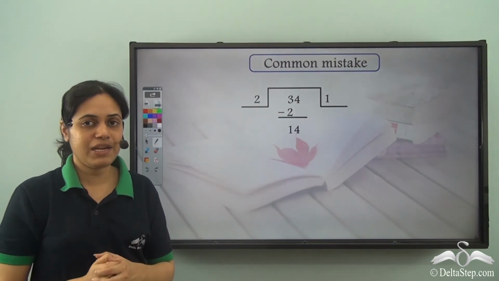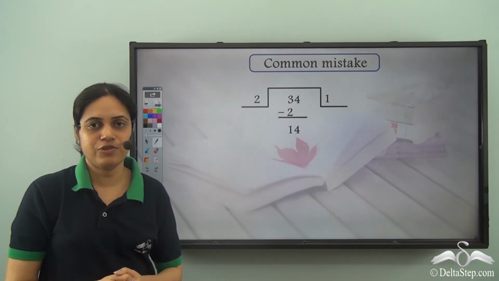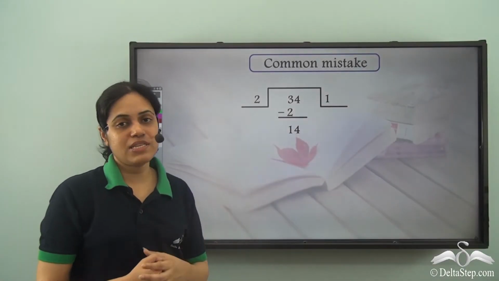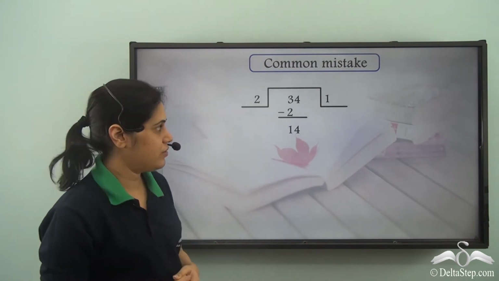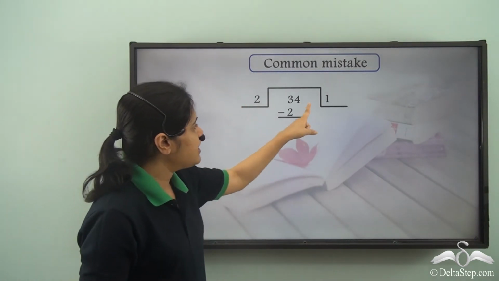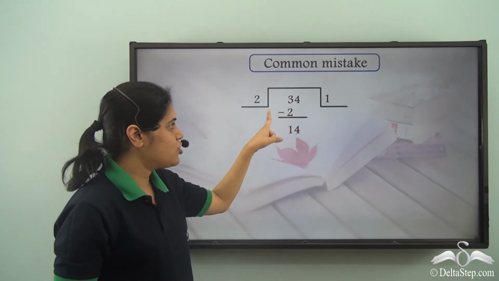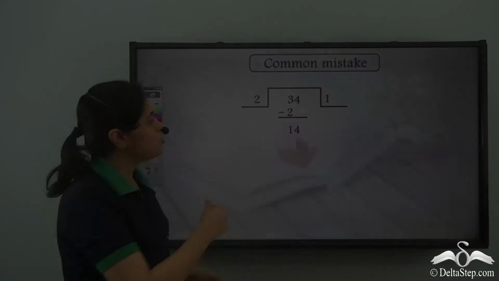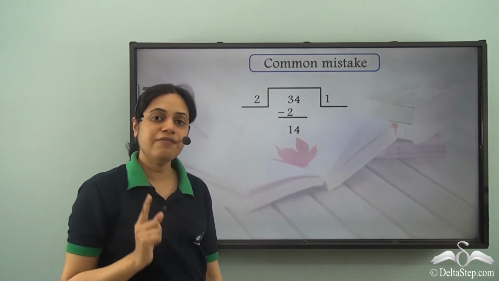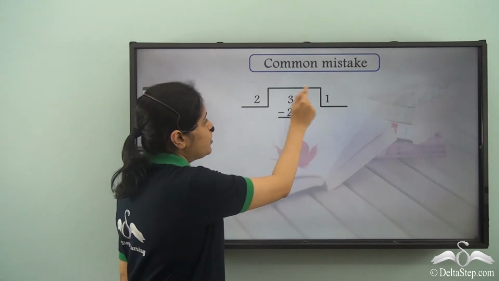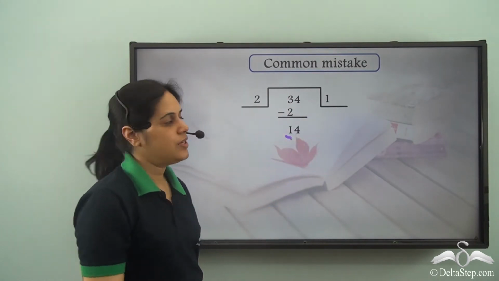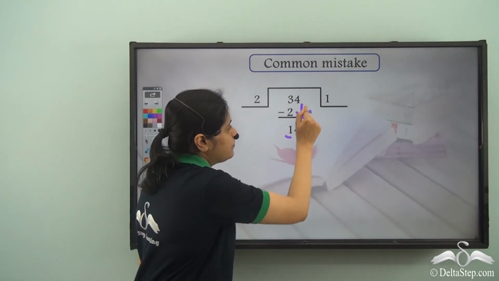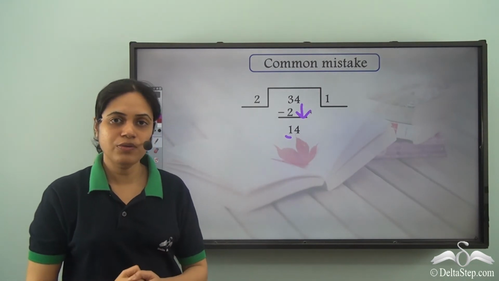But there is one place where you need to be very careful. There is a common mistake which at times happens when we use this method. So when I divide 34 by 2, I have 1 here. So 2 goes into 3 one time. So 2 into 1 is 2. And I subtract it to get this 1. And this 4 is taken down.